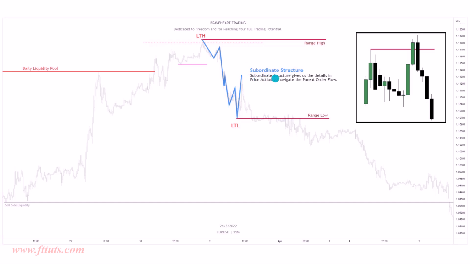And the subordinate structure gives us the details in price action to navigate this parent order flow. So you can see all these little details in price action. That's what we can take action on. But the daily parent order flow here doesn't give us any details to work within. So we're going to navigate that with subordinate structure.